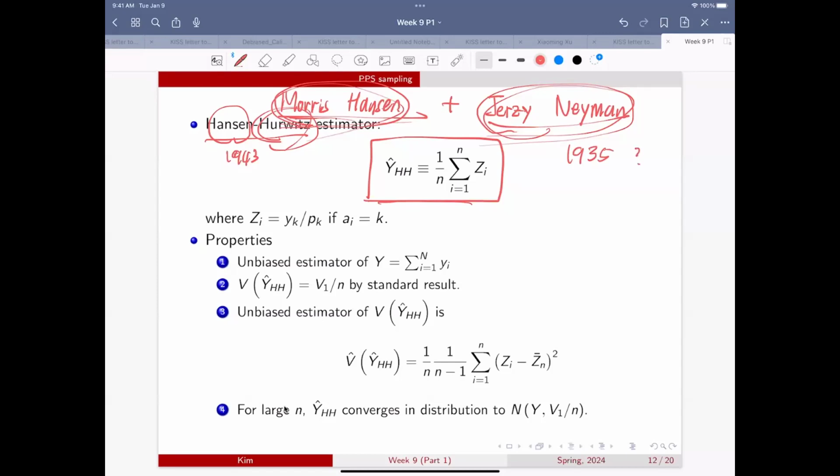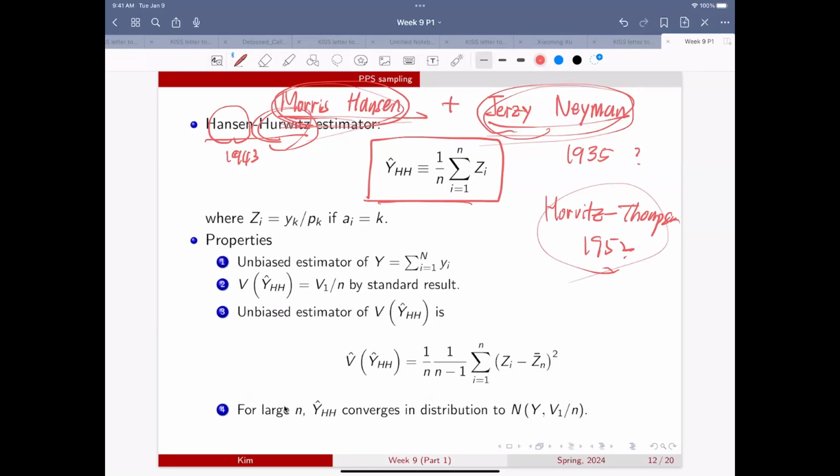Anyway, even before Horvitz-Thompson, which is 1952 or something, Hansen-Horvitz developed this estimation and design.